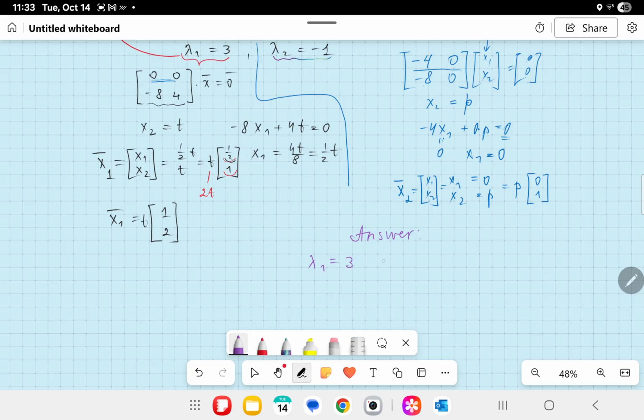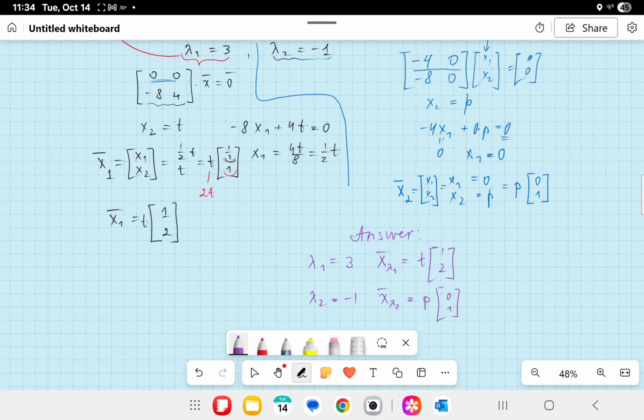And x for lambda 1, the first eigenvector, is going to be t times 1, 2. Lambda 2 equals minus 1. X, which corresponds to the second eigenvector, is 0, 1. Okay, so we have two lambdas and two vectors. Very good.